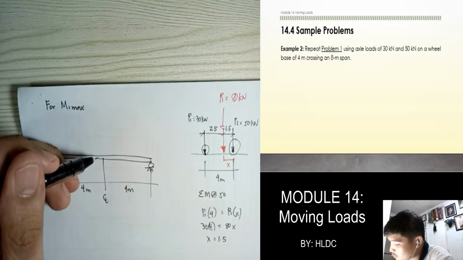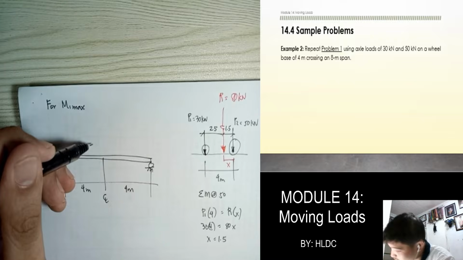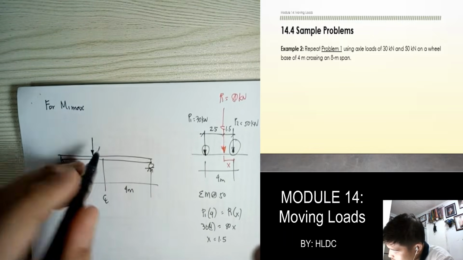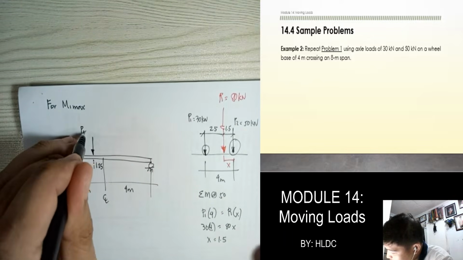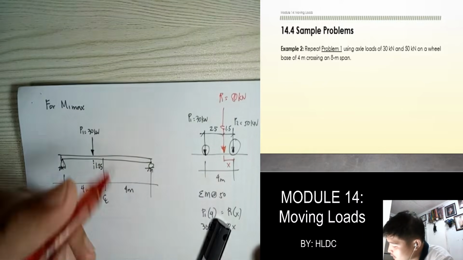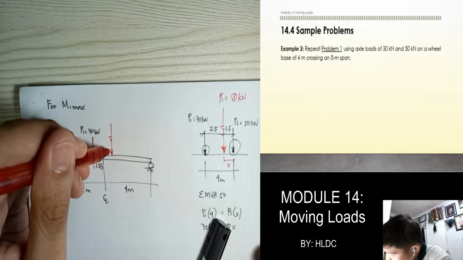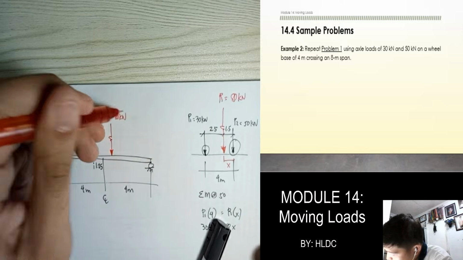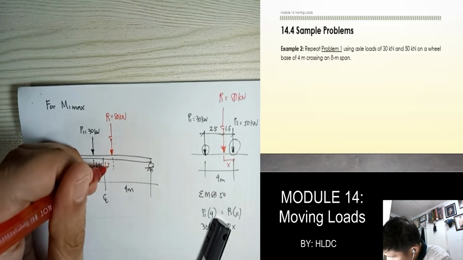So, locate natin 1.25 to the left yung P1. So, let's say, dito yun. So, yung distance na to is 1.25. So, P1. And then, 1.25 to the right, doon naman natin ilocate yung resultant. 80 kilonewtons and then this distance is 1.25 din.